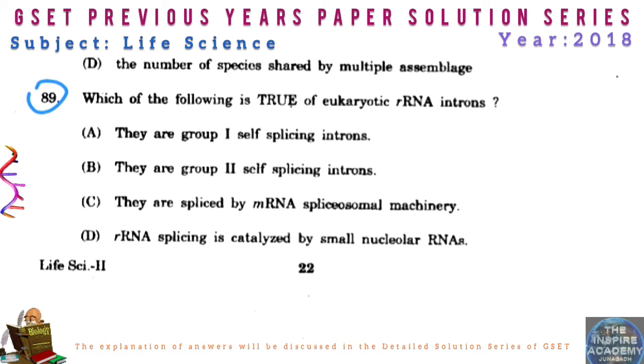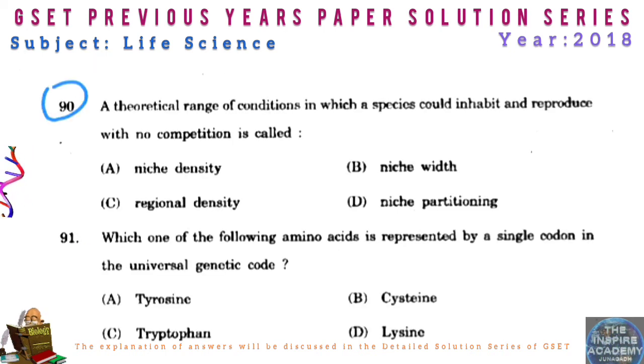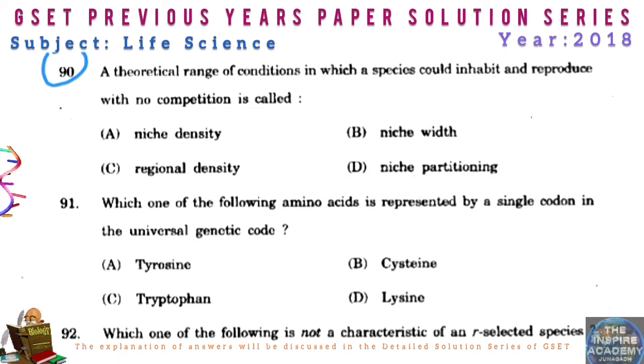Question number 89. Which of the following is true of eukaryotic rRNA introns? Option D. rRNA splicing is catalyzed by small nucleolar rRNAs. 90. A theoretical range of conditions in which a species inhabit and reproduce with no competition is called niche width.